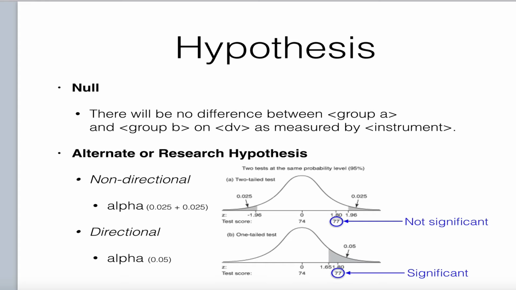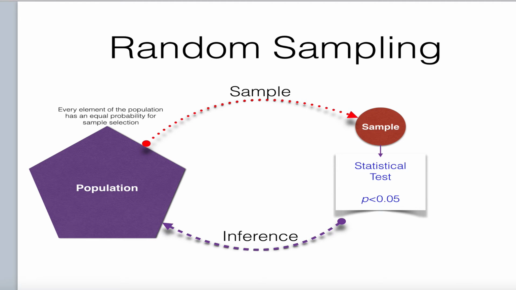Well, in a non-directional hypothesis, you can see from the diagram here that 77 is inside of the normal distribution that's not shaded. So anything that is inside the normal distribution that is not shaded, that is, it's in between the positive and negative critical values, then those are values that we would not consider significant. They would be typical of that distribution.